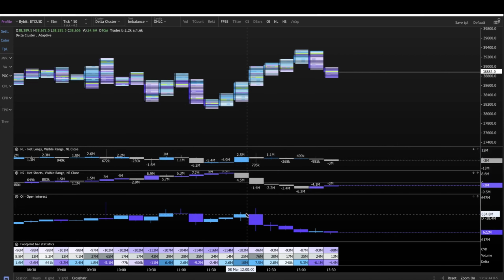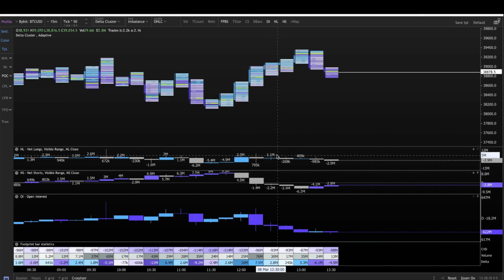For example, we can see right here for this candle that we had an increase in open interest. We went from 632 million contracts being opened to the close of this candle. We came up to 634 million contracts. And we can see that we had 2.5 million longs open and we had 4.5 million shorts close right here.